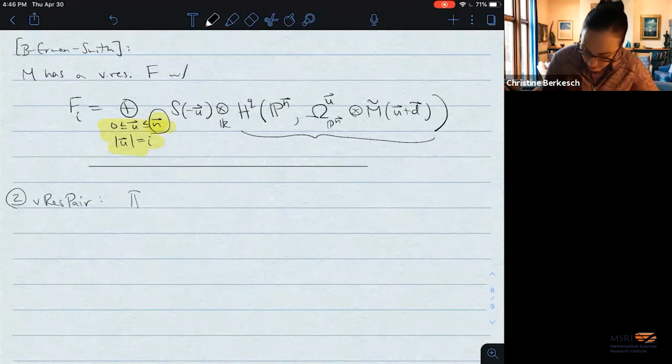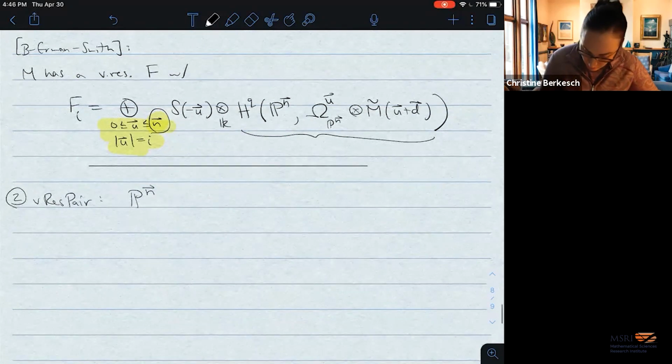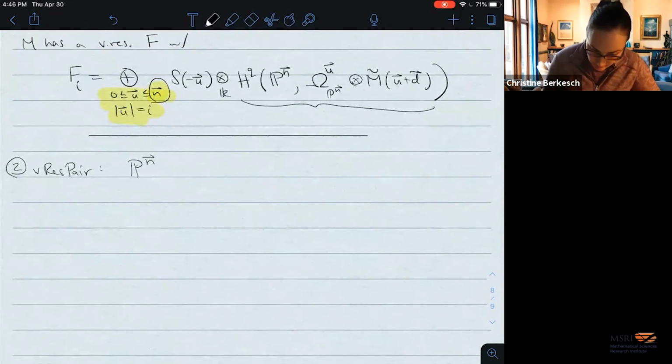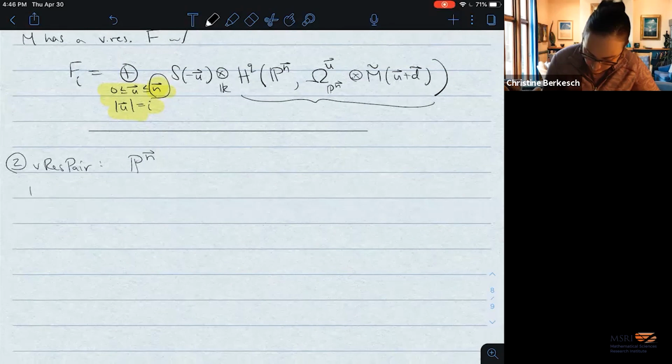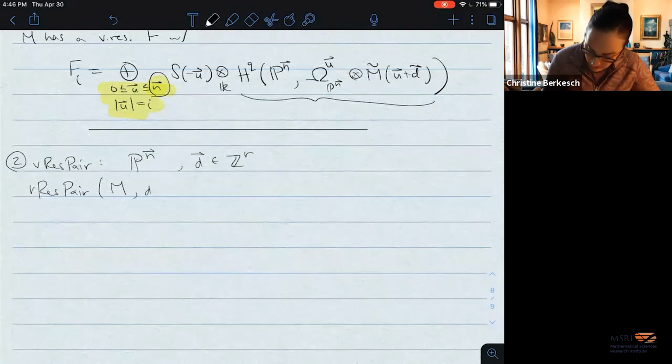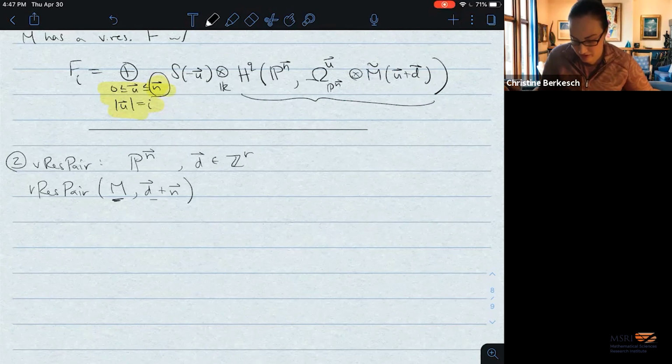Okay, so this is also for products. So what is this going to be? Well, I'm going to take the subcomplex. So VRes of the pair (M, D), where D is again some degree vector. So the pair is my module and then some degree choice.